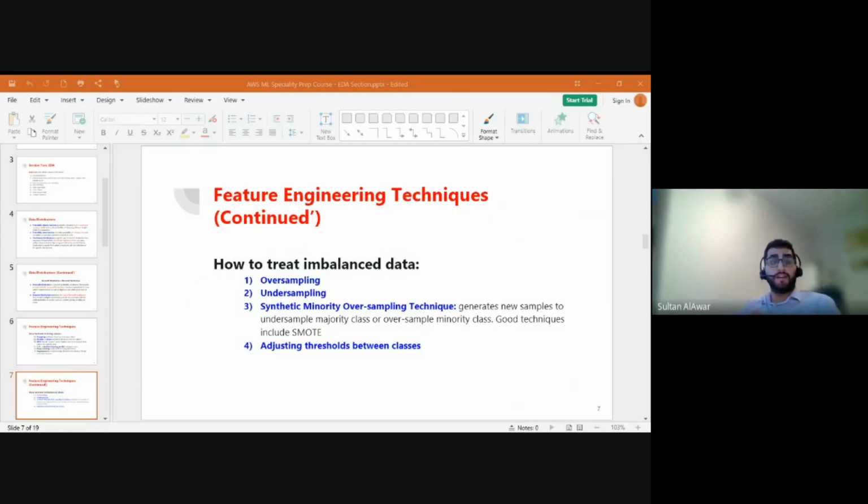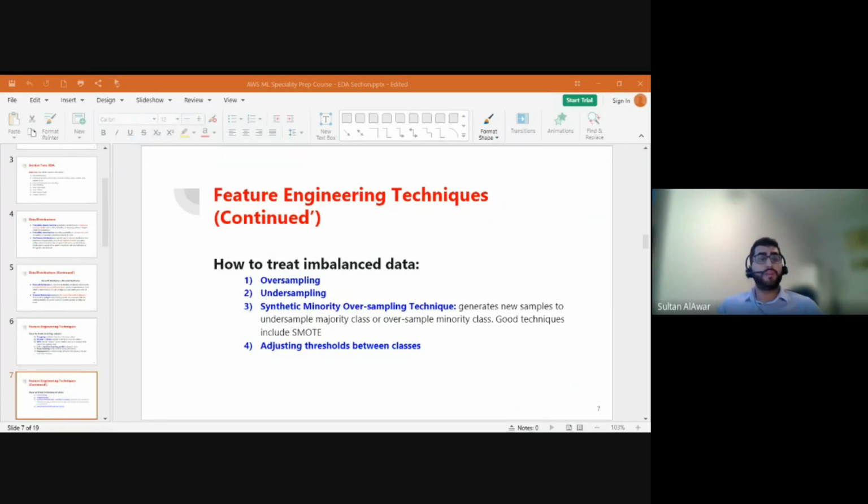And the four prominent feature engineering techniques to treat imbalanced data could be to oversample the minority class. So for example, to oversample the true class if it's underrepresented, or we can think of undersampling the majority class.